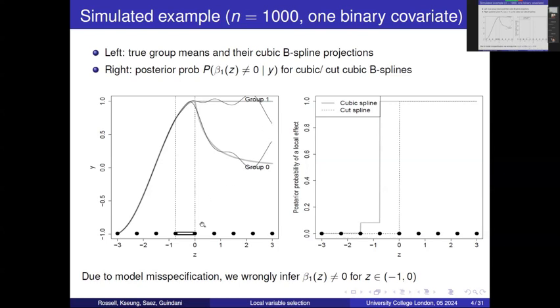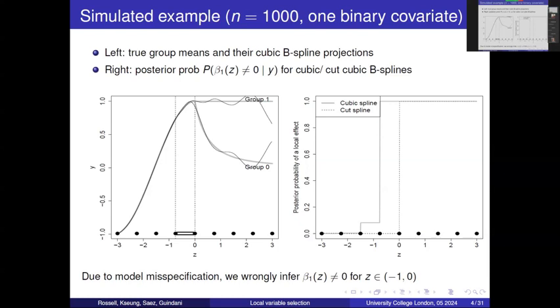Now, of course, I don't know what these gray curves are. So I'm going to use some class of functions to approximate this. In this case, I'm using cubic splines. I could be using Gaussian processes or my favorite non-parametric or semi-parametric tool. But then what happens is that the black lines represent the projection of the true expectations, the gray curves, on the spline basis.